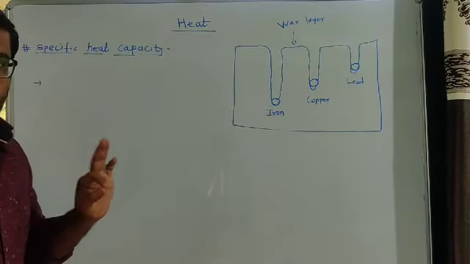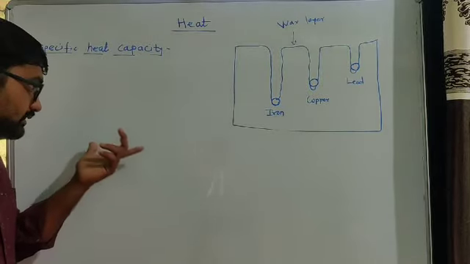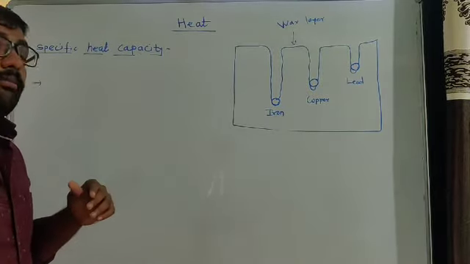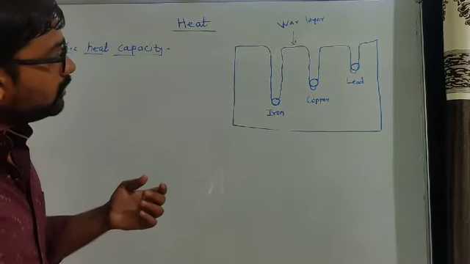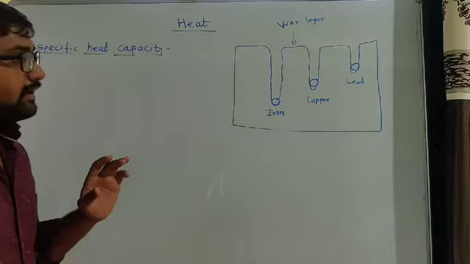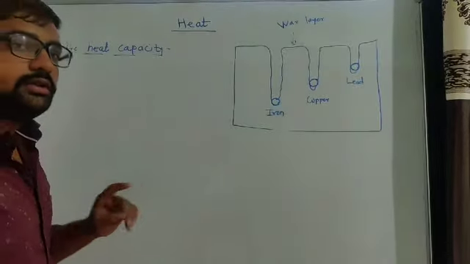That is the very important prediction we have to make from this diagram, because initially the temperature of all three balls is equal, but as we put the balls on the wax layer, we will see that the depth of all three balls is not equal.